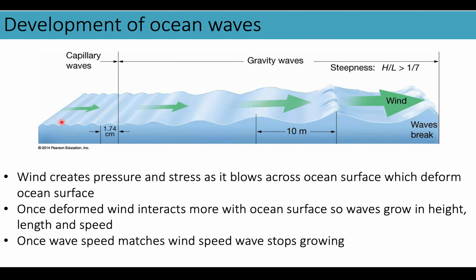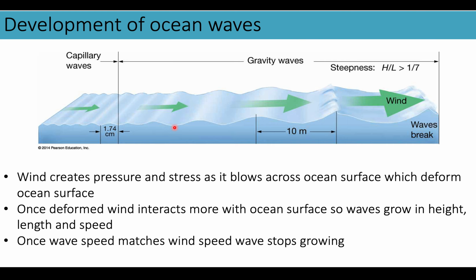These are like ripples. And then once this slightly deformed surface interacts more with the wind, the waves will actually start to grow in height. The wind is now going to start affecting the deformed surface, increasing how much it is deformed.